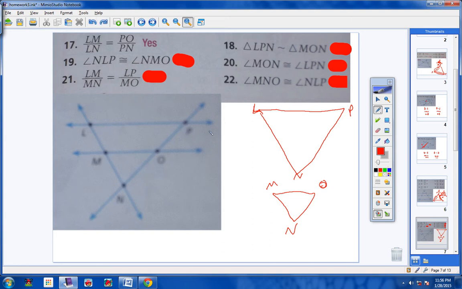Well, that's what they're claiming in the back of the book, side angle side, but I'm not seeing side angle side. I'm seeing this side here being used with this big side here, and this side right here, LM, is not the side of any triangle that I see. So right now I'm just going to tell you what they're saying. I'm not seeing it. I would have had to have put no. Yes, I see the sides.